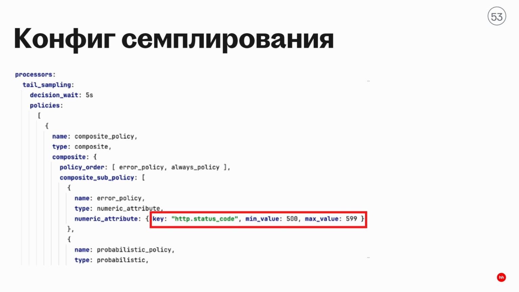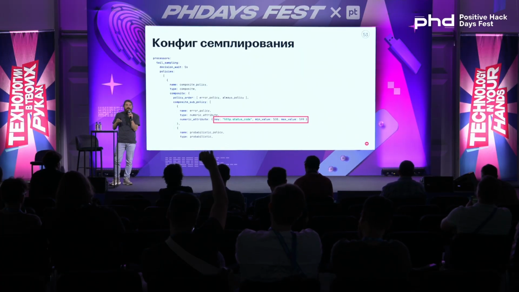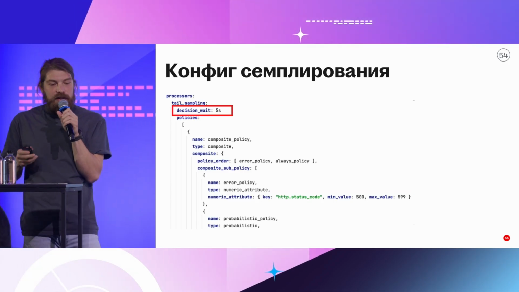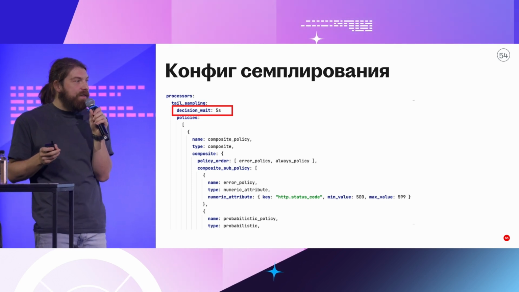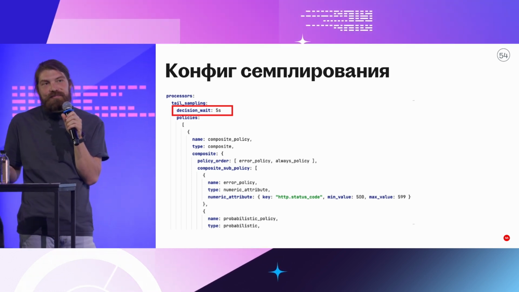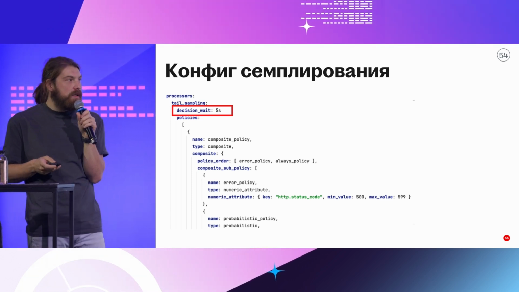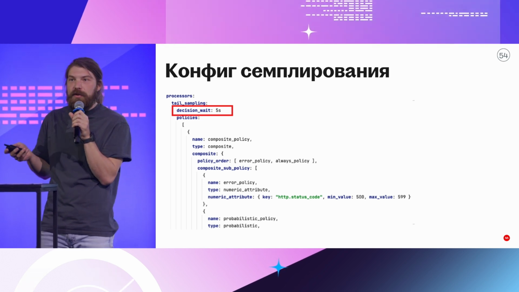If there was an error like that, we keep this trace. There are two configs. One is here, and the other option did not find its way here. We are sampling just 100% of all the requests, so that not only erroneous requests should be covered, but all requests. Another good parameter of sampling is decision weight.